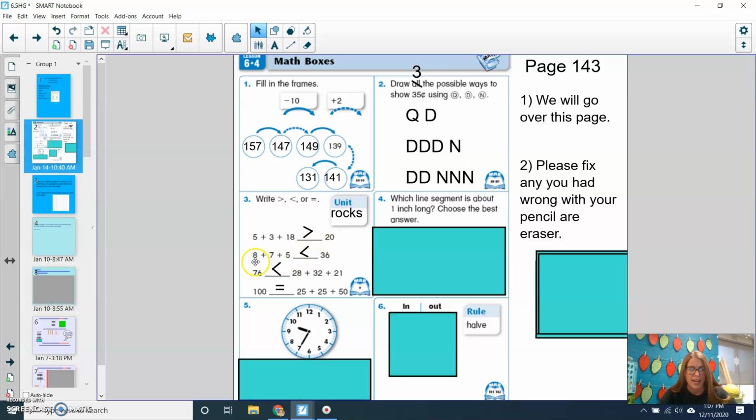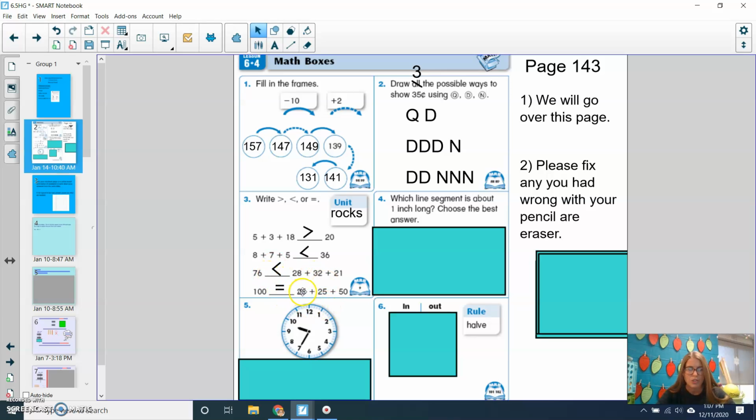For this next one, I have 8 plus 7, which I know is 15, plus 5 more is 20, which is less than 36. For my next one, if I think 28 plus 2 would bring me to 30, 30 plus 30 is 60, 60 plus 20 would bring me to 80, plus 1 more is 81. And I know that 76 is less than 81.